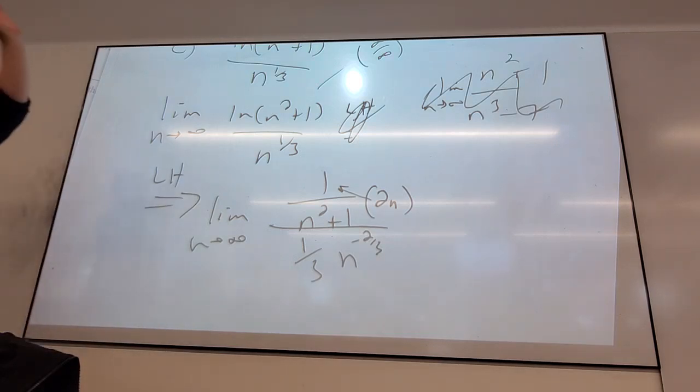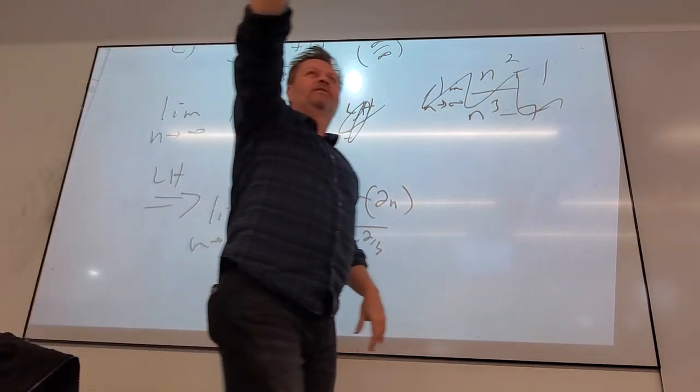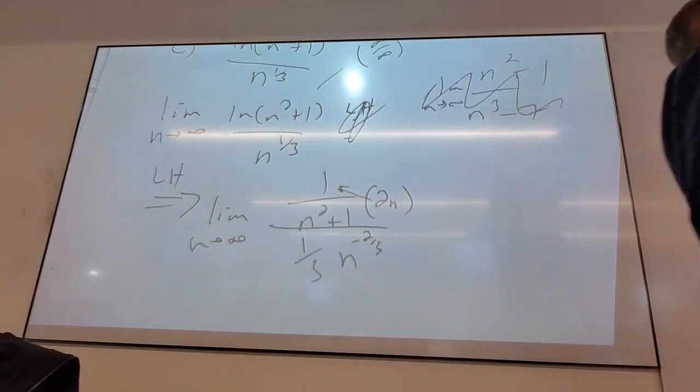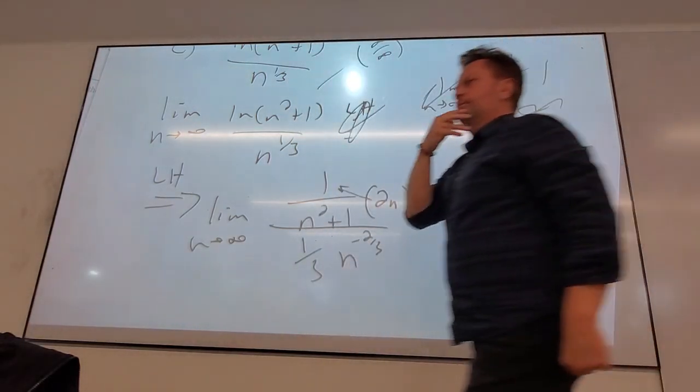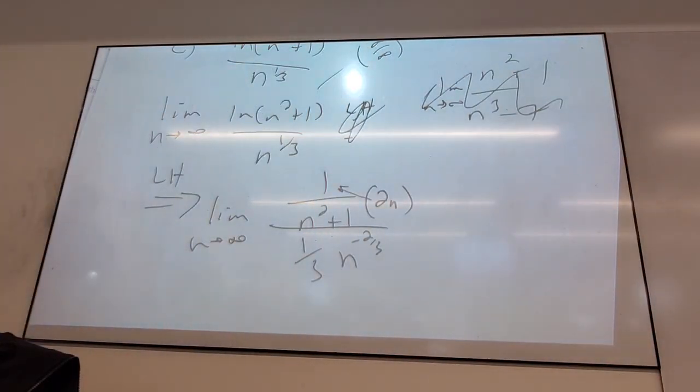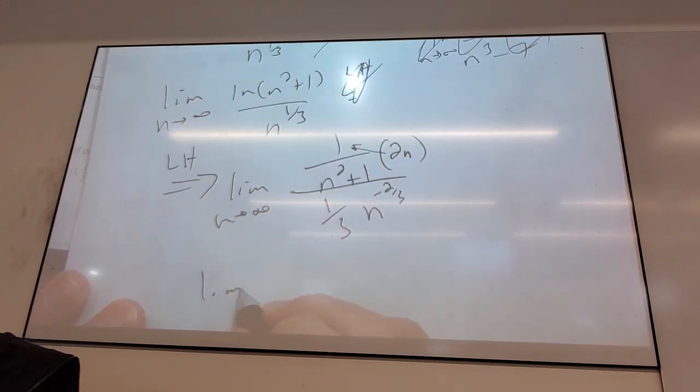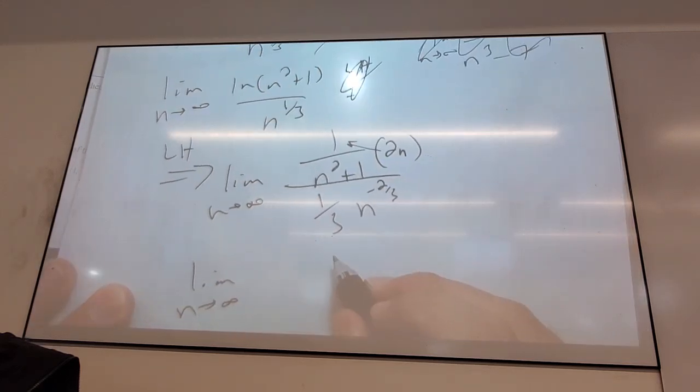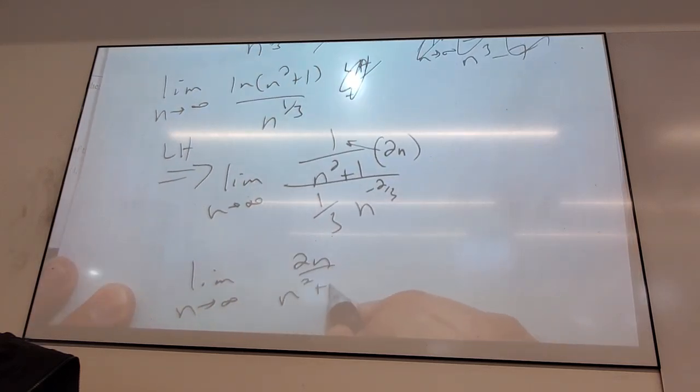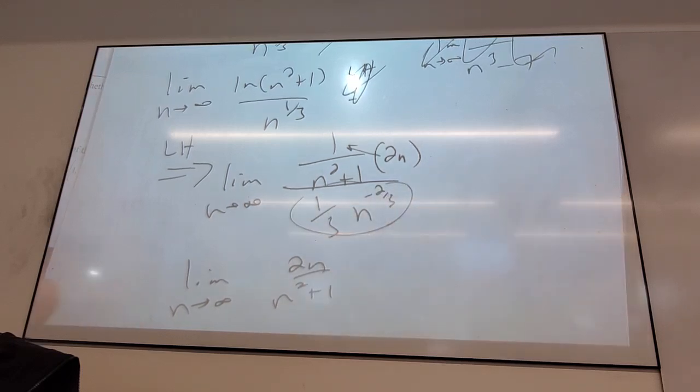Now comes everybody's favorite. You have to simplify that now, right? So, can anyone see something? Let me rewrite this a little bit. Can't all of this stuff get reciprocated up top?